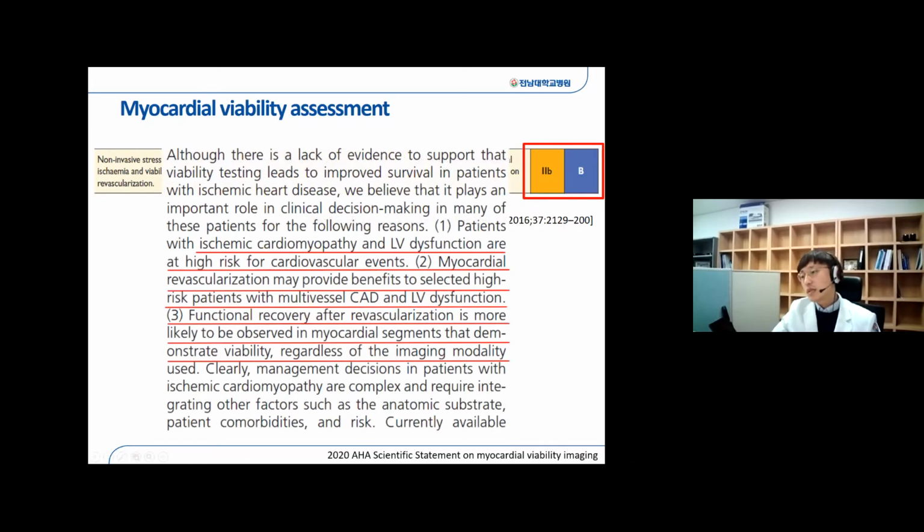The most recent American Heart Association statement describes that ICMP is at high risk for cardiovascular events.